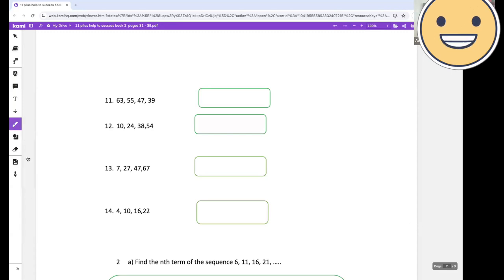Again, you have to look at this sequence. How would you go from 63 to 55, 55 to 47, 47 to 39? Find the sequence first and then think, how would you go from that sequence to 63?